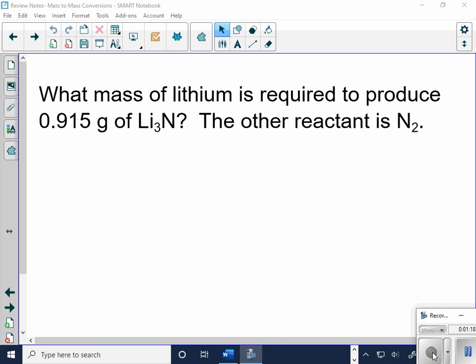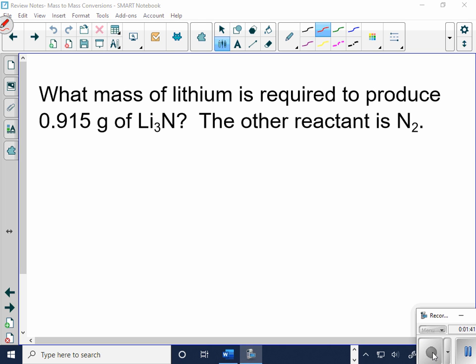Now, when you watched the video, there were 7 different steps to perform one of these problems. The very first step in the mass-to-mass problem was to determine the reactants and products of the reaction, so we needed to write a skeleton equation.